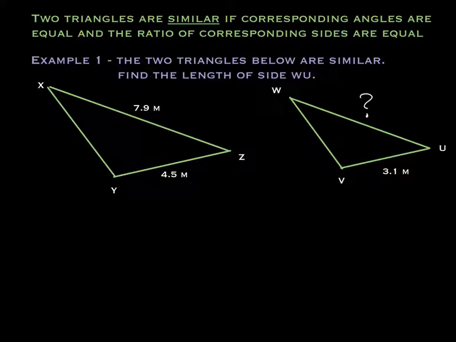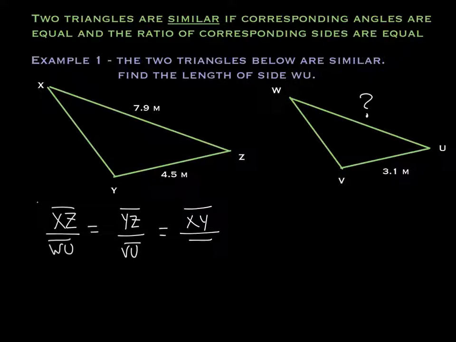And we can write that out in an equation: side XZ divided by side WU, the corresponding side in the other triangle, is equal to side YZ divided by side VU, because those are corresponding, and that's also equal to side XY divided by side WV, because those two are corresponding.